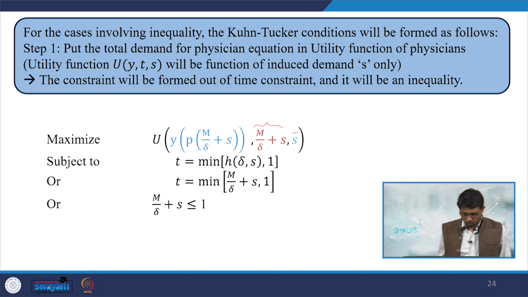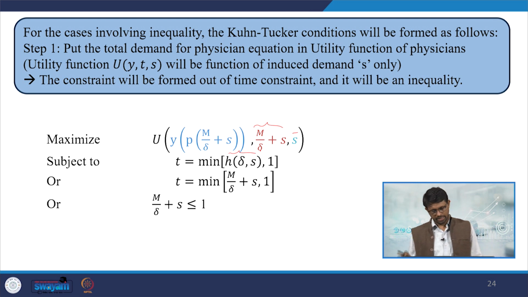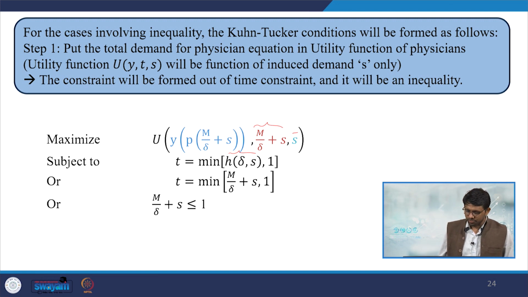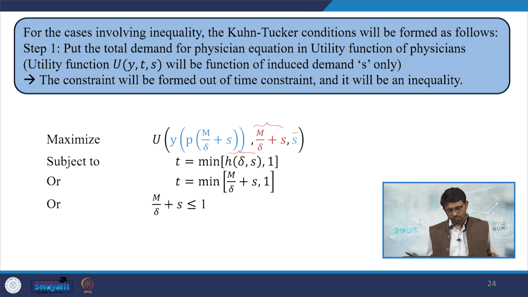So, subject to the t you can present as a maximum fraction of time is 1, and then with the healthcare services as a function of delta and s, or it is function of the minimum of that, h is basically precisely m upon delta plus s, this is what is the h.